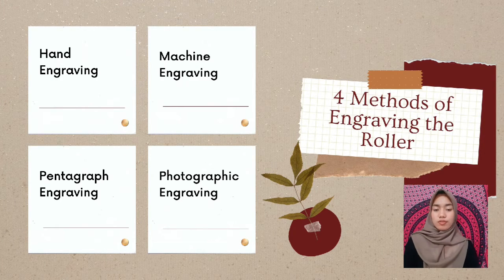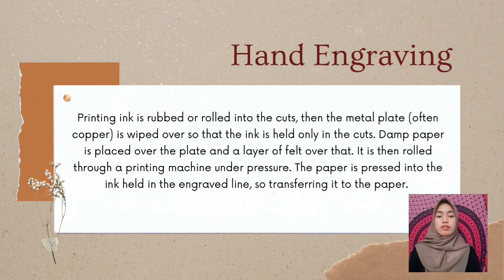So what is the difference? Let's check out. The first one is hand engraving. In hand engraving, printing ink is rubbed or rolled into the cuts. Then the metal plate, often copper, is wiped over so that the ink is held only in the cuts.